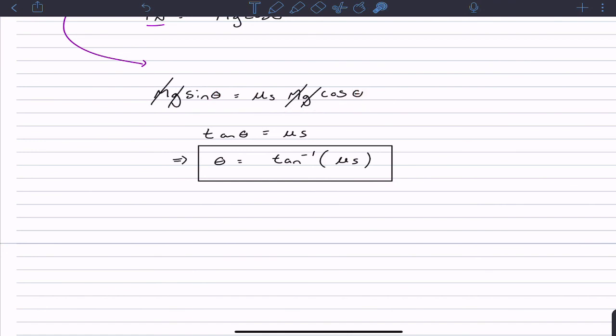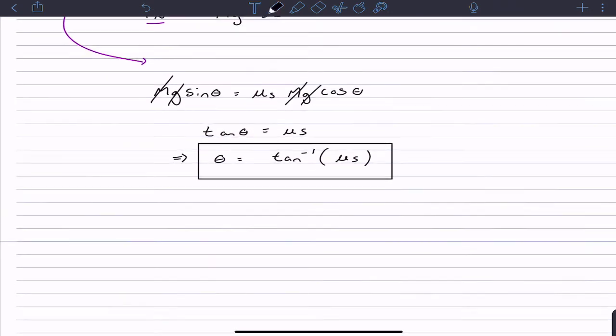Once we set up this equation to solve for the angle, mass and gravitation went away. So in our final equation, all we're left with is the inverse tangent of the coefficient. So this doesn't depend on mass at all.